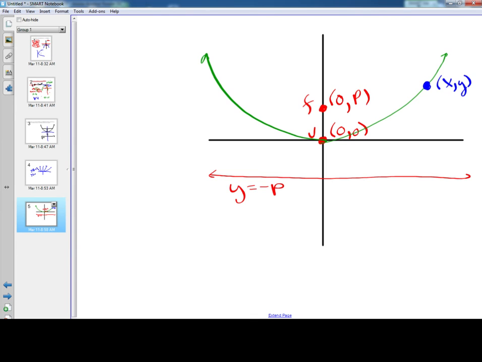Are there any questions so far? Why did you put y? Because that's the equation to that. If let's say P was 2, that's 2 units up, isn't it? Well, to get here, I have to go 2 units down. Okay. Cool? Fantastic.